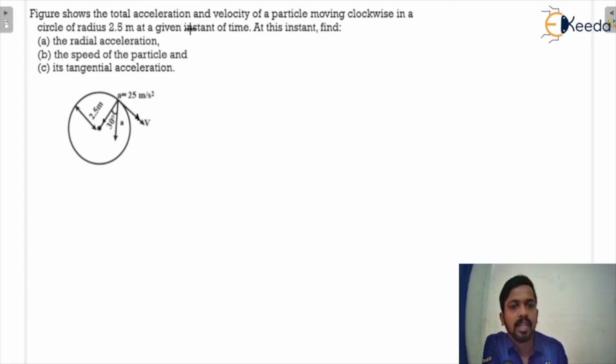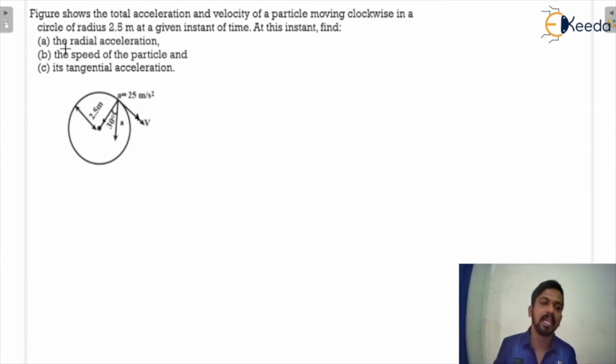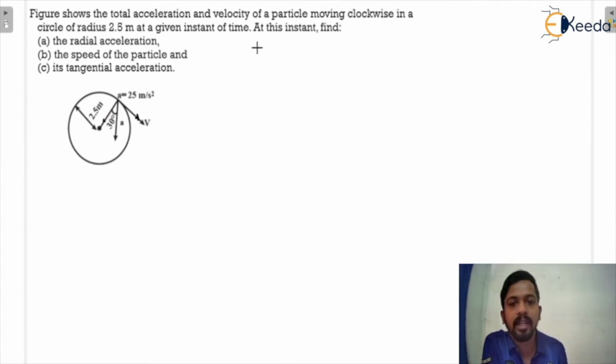The question is about the total acceleration and the velocity of a particle moving in a clockwise direction at a circular radius of 2.5 meter at a given instant of time. At this instant, find the radial acceleration, the speed of the particle and the tangential acceleration. We need to find the first part, the radial acceleration.